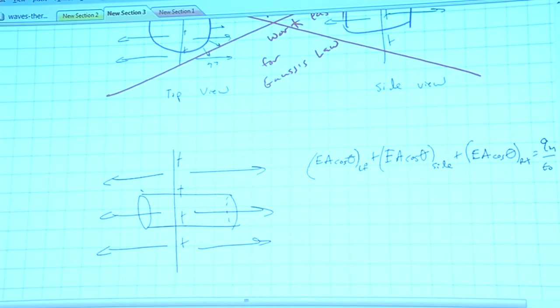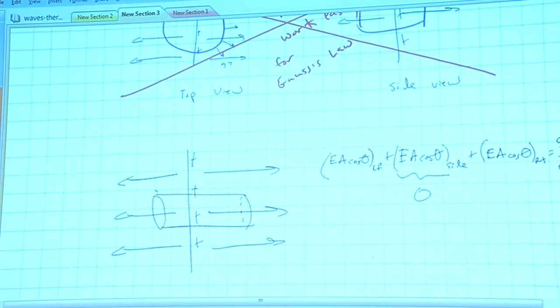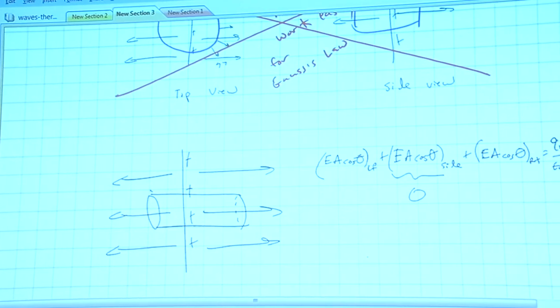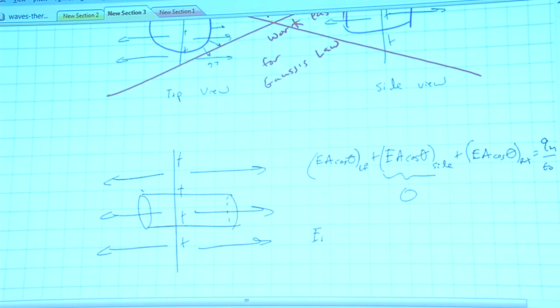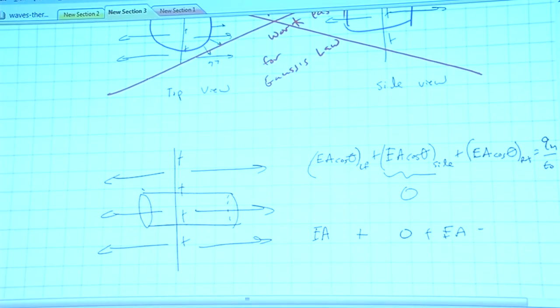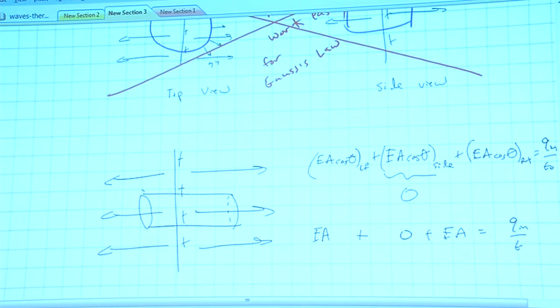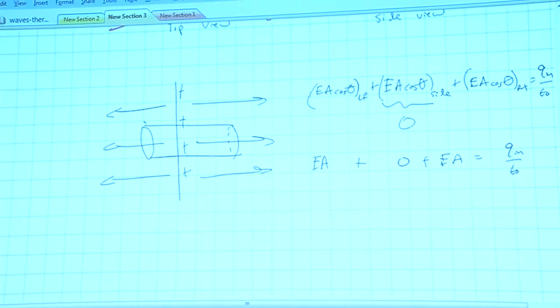And the sides, there's no flux, right? That's 0, because cosine of 90 degrees is 0. And the left and the right, this is going to be E times the area of the left, E times the area of the right.